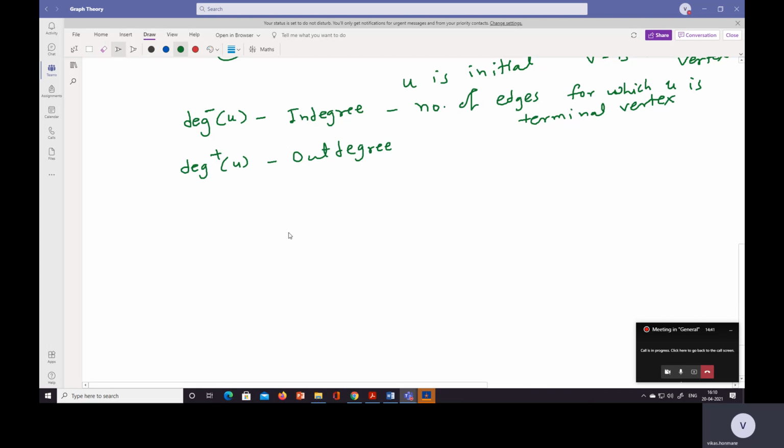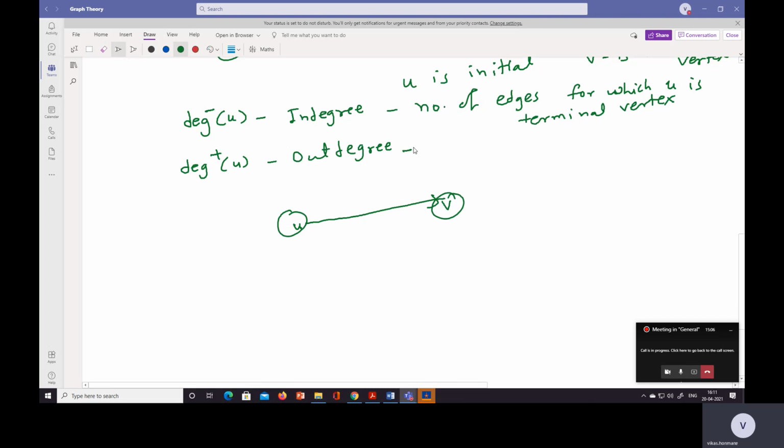Terminal means last. So in this diagram we have u and v, and the direction is from u to v. Here v is the terminal vertex. So we are computing the number of edges for which u is the terminal vertex. For the in degree we consider this v.